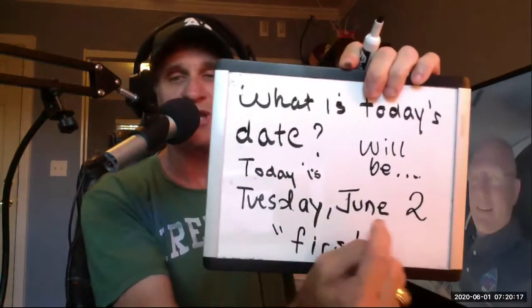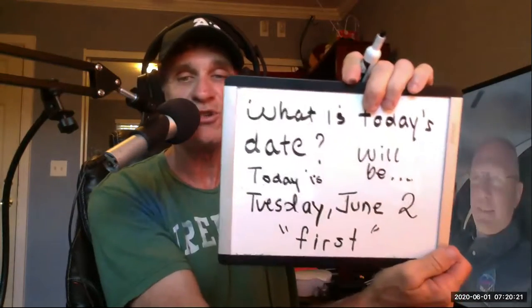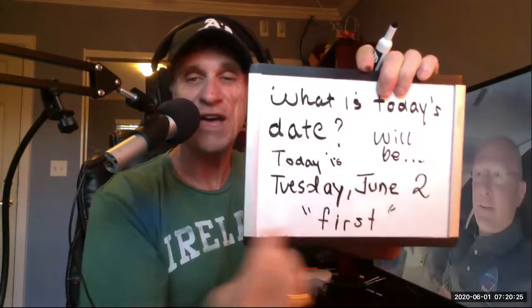We changed the 1 to 2, right? Tomorrow will be Tuesday, June 2, or we say Tuesday, June, and the name of a position or counting word is second. Second.